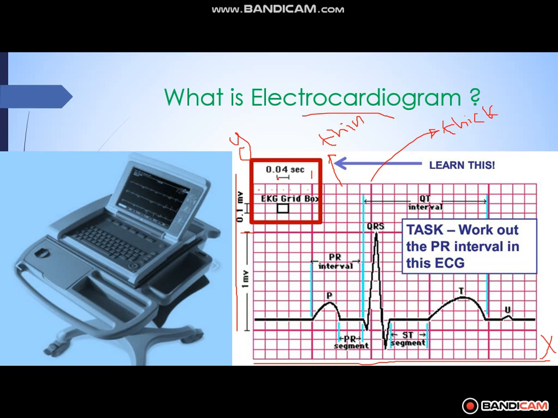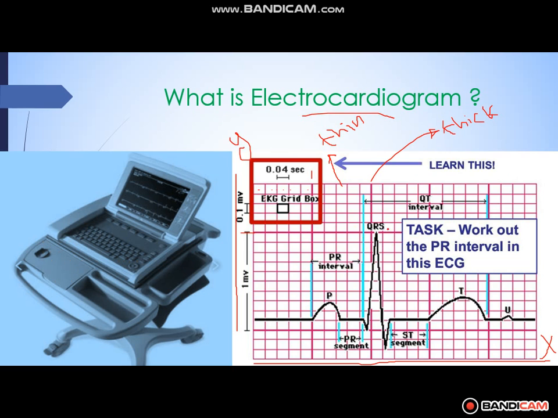And 2 things you should remember are 1 small square's time and voltage. So 1 small square is equal to 0.04 second. This is the time of crossing of 1 small square from the patient's ECG machine.